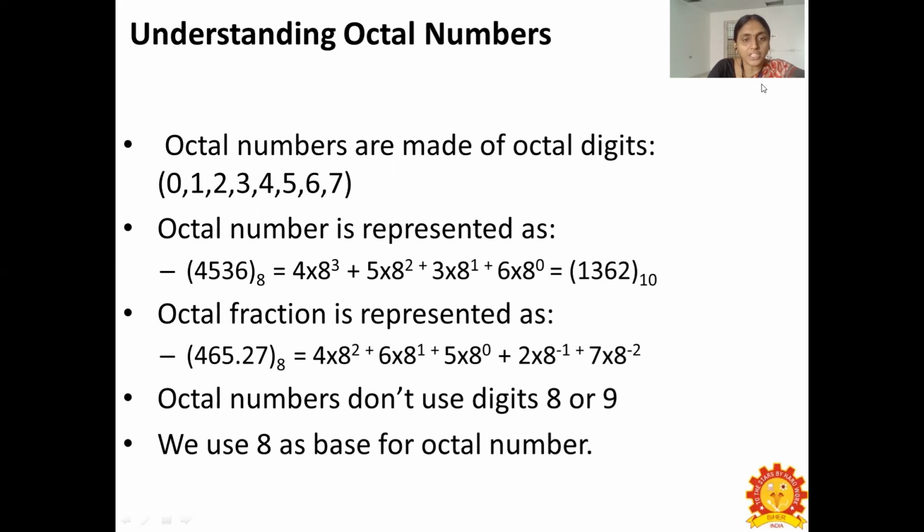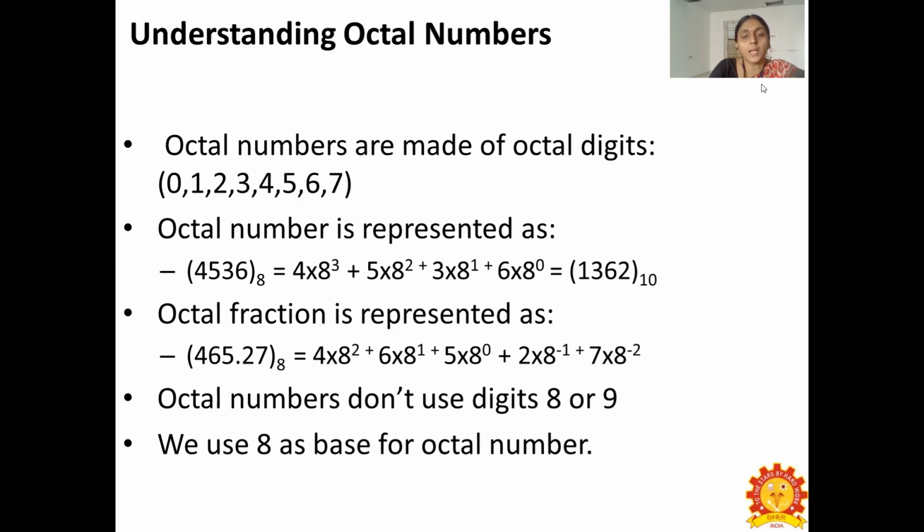So an octal fraction can also be represented, for example 465.27. Before the decimal point, 465 is represented as 4 into 8 square plus 6 into 8 power 1 plus 5 into 8 power 0.